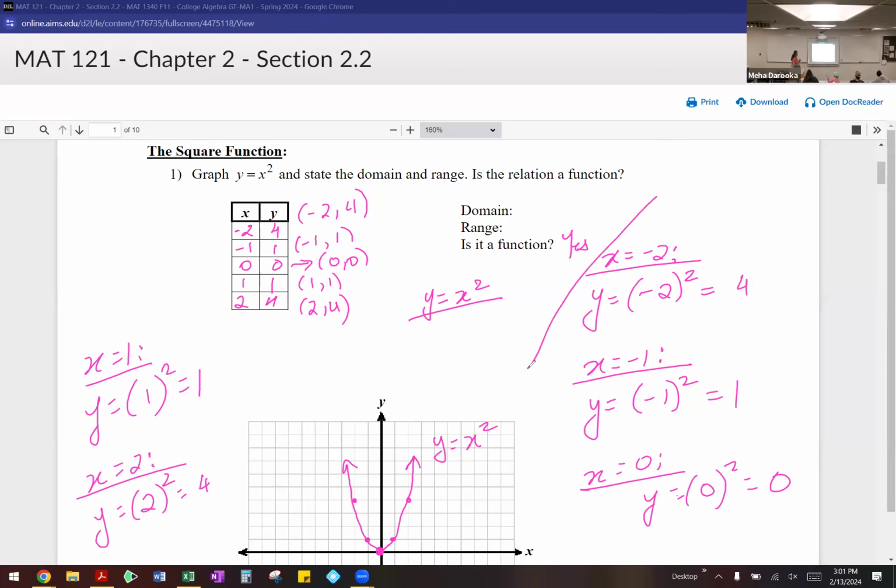Now, what can you tell me about the domain and range for this function or equation? Domain is all the possible x values that we can use. Range is all the possible y values that they come out to.